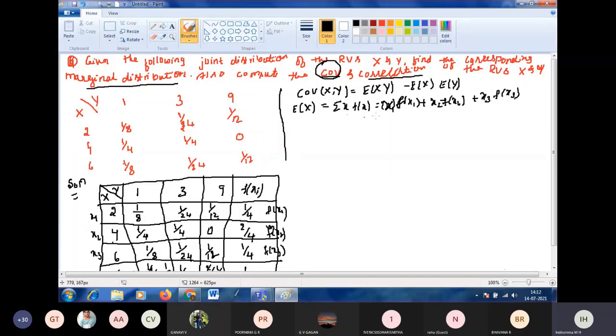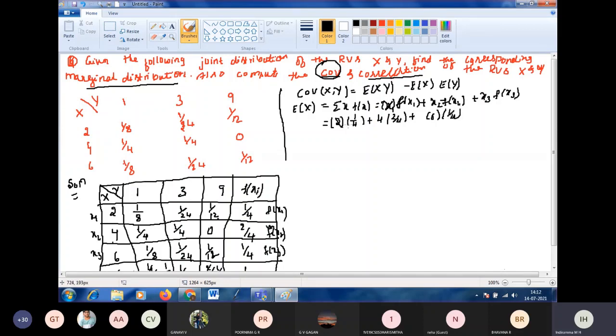Now substitute. x1 is 2 into f of x1 is 1 by 4, plus x2 is 4 into f of x2 is 2 by 4, plus x3 is 6 into f of x3 is 1 by 4.